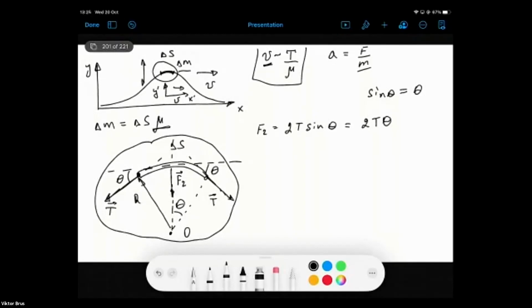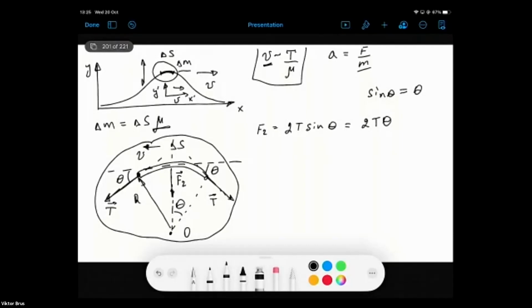Since we know this element of the string doesn't move with respect to axis x, then with respect to axis x prime, it will move with speed v, but in the opposite direction, from right to left, because this mobile frame of reference is moving together with the pulse to the right.